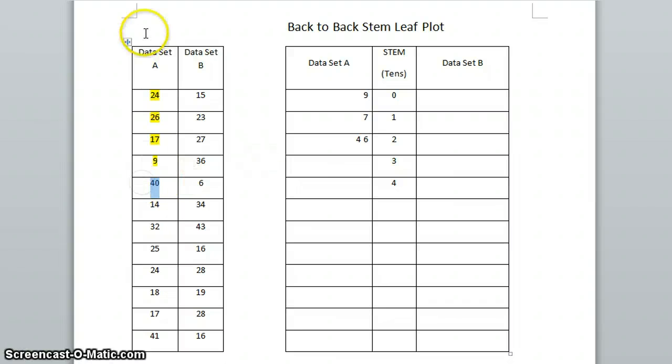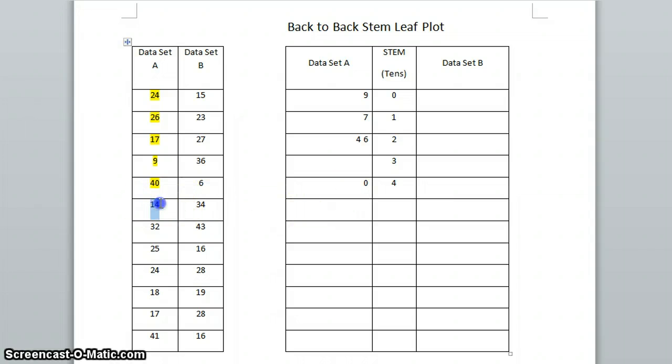My next number is 40. So that's 4 tens with a 0. I'll just adjust those to the right, so I don't have to keep doing that. So that's going to be 4, 0.